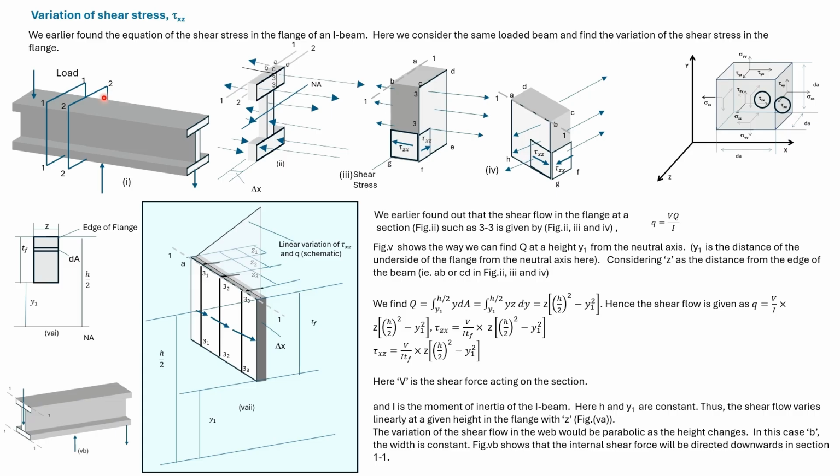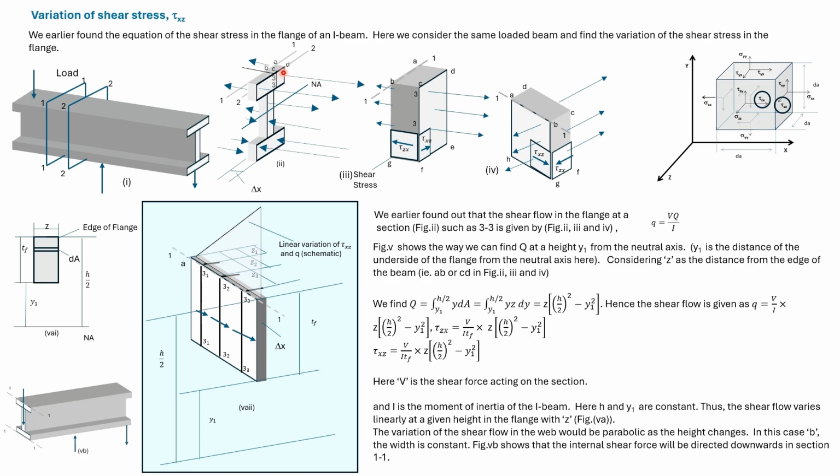On the top, both sections are subjected to tensile stresses. The tensile stresses acting on section 2-2 are larger than the tensile stresses acting on section 1-1. We have separated the slice in figure 2.